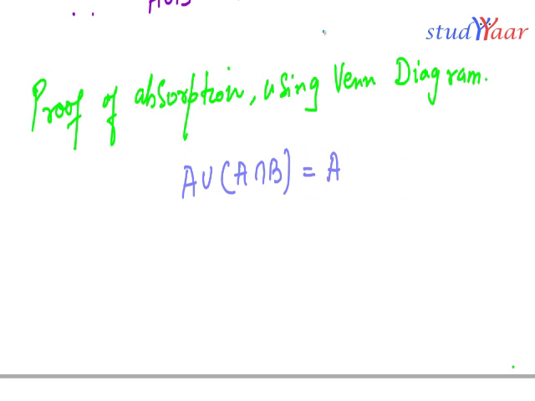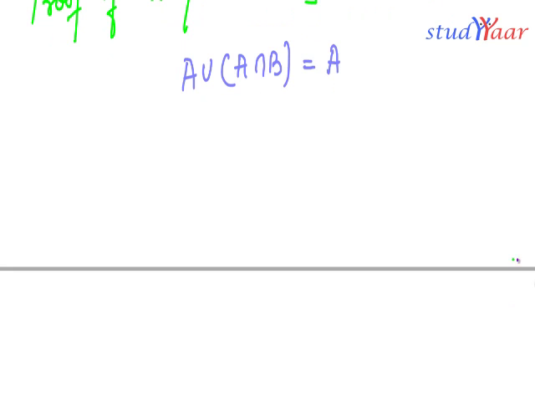Let us first draw the Venn diagram for this set. Let us suppose I have a universal set over here. Now how can I represent A intersection B?